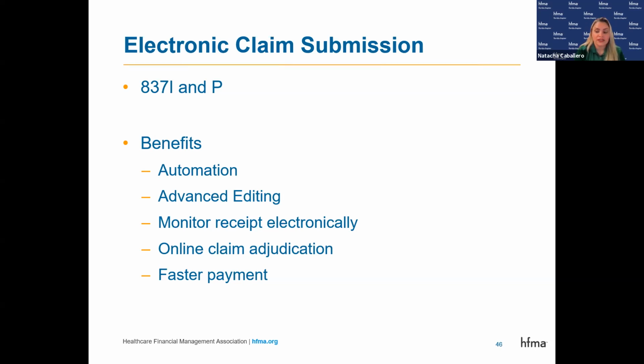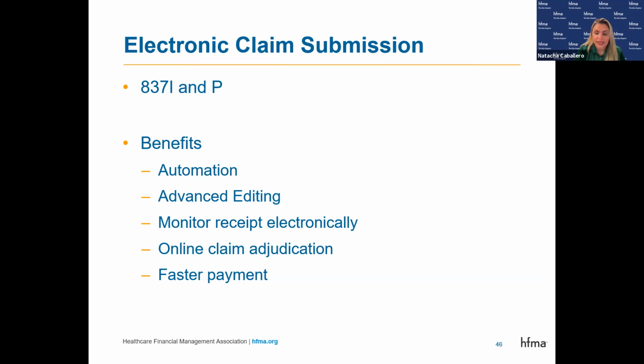Providers can electronically monitor receipt of claims by payers, eliminating delays caused by filing transmission failures. Use of unsolicited 276, 277, and automatic claim monitoring can eliminate lost claims and unproductive staff touches.